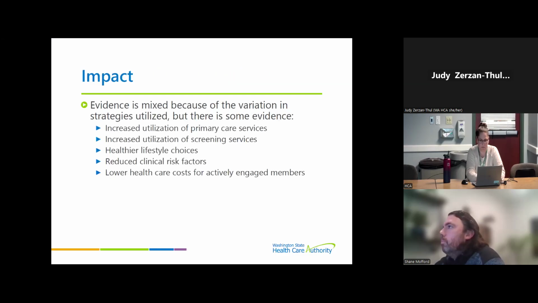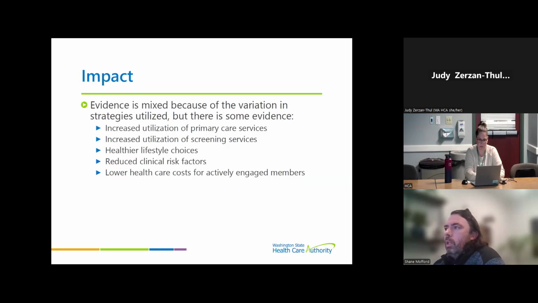If you go to the next slide. In terms of impacts, I think one thing that's pretty clear is that the evidence base is mixed, but I think not surprisingly so. The reason being that because there are multiple actors and the circumstances in which an incentive is offered are going to vary from situation to situation, you're going to have a mixed evidence base.